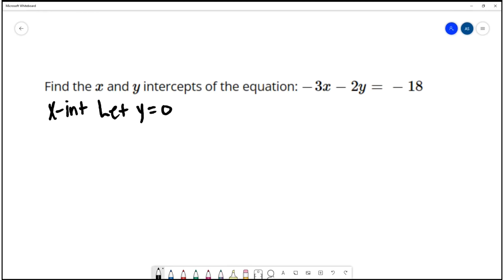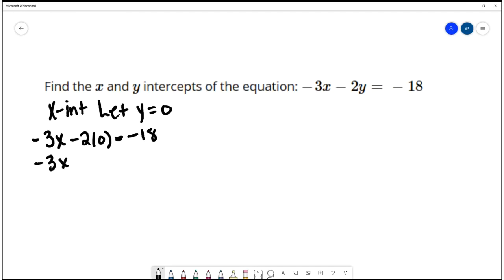That's because an x-intercept is where the graph crosses or touches the x-axis, and the y-coordinate will be 0. I'm going to take my equation and substitute a 0 in for y. That's negative 3x minus 2 times 0 equals negative 18, and solve the equation.